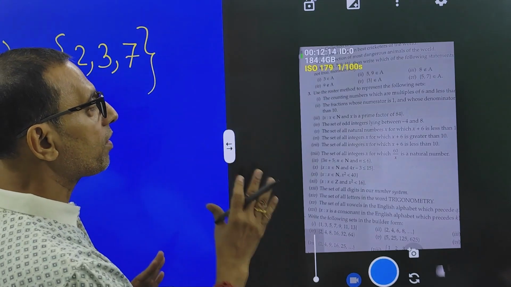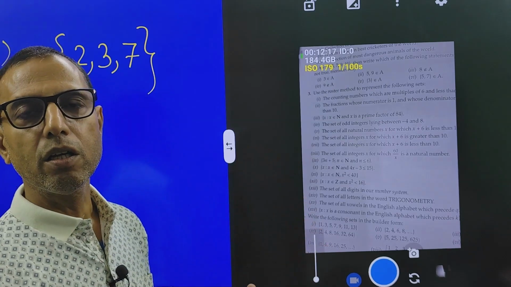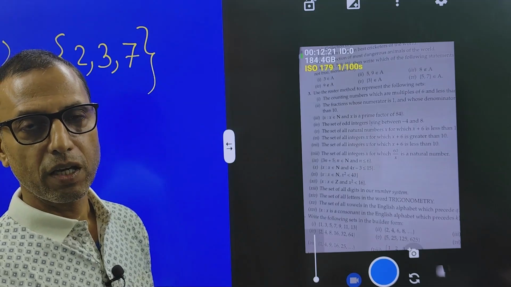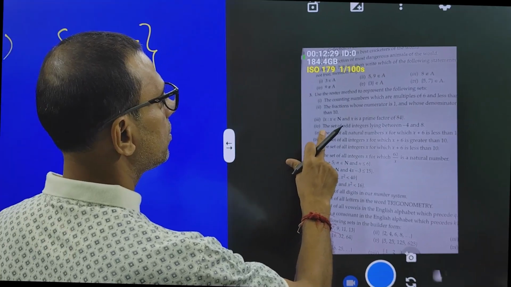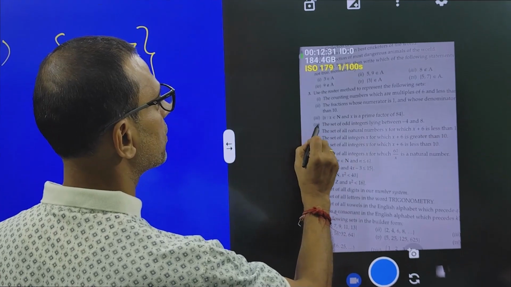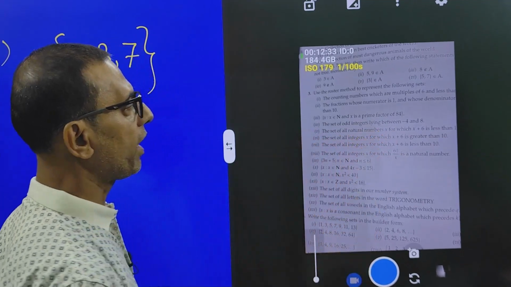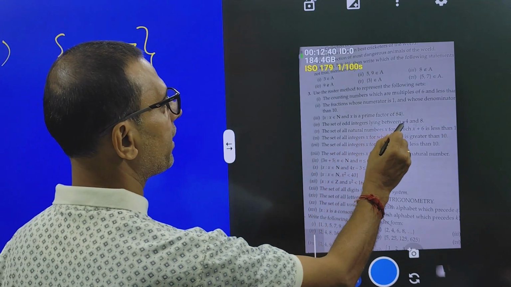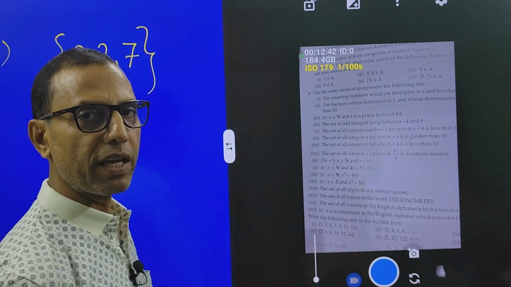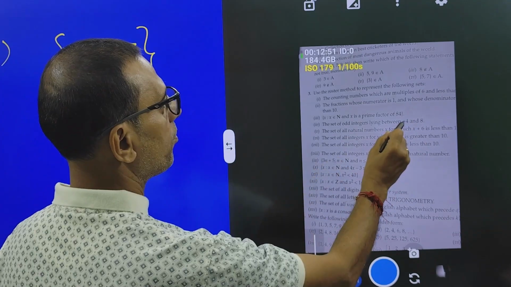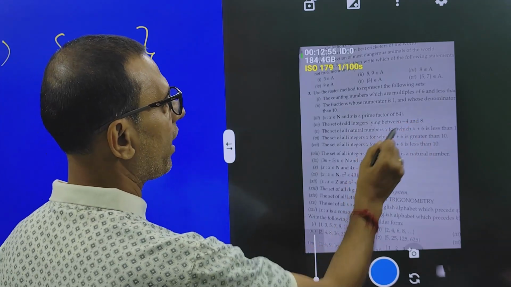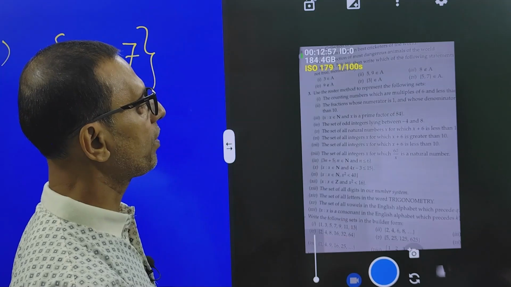So set builder form or rule method is a generic expression in logical form, in the form of a variable. Number 4: set of odd integers lying between -4 and 8. Odd integers could be positive integers or negative integers. So in between -4 and 8, what are the odd integers? -3 and then 3, 5, 7. -3, 3, 5, 7.